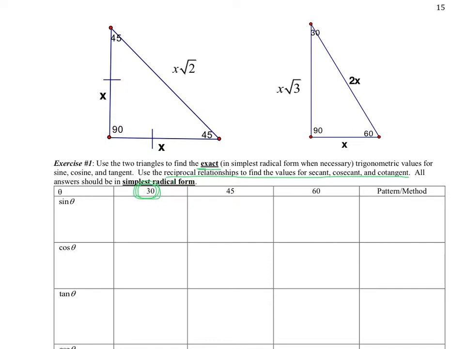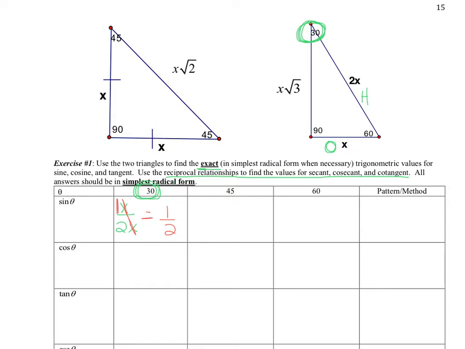So for sine of 30, if I go to my 30-degree angle, and I look here, my opposite side is x, and my hypotenuse is 2x. So that ratio is x over 2x. Since we don't have any addition in here, I can cancel any common factors. So here, I put a 1x up here so we can see what we'll have. My x's cancel, and I get 1/2.